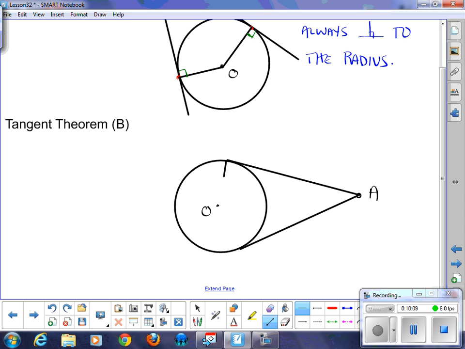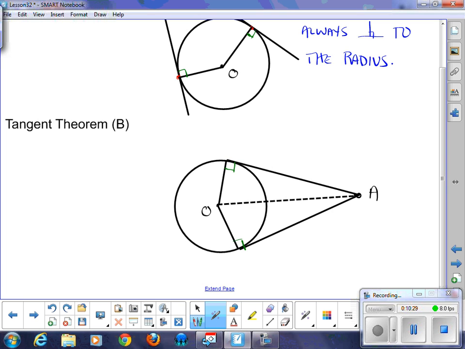What happens is that we get this, and we get this. You and I just said, hey, these are 90 degrees from tangent theorem A. If I then constructed a line up the middle, I would have an angle the same. Our right angles would be the same.